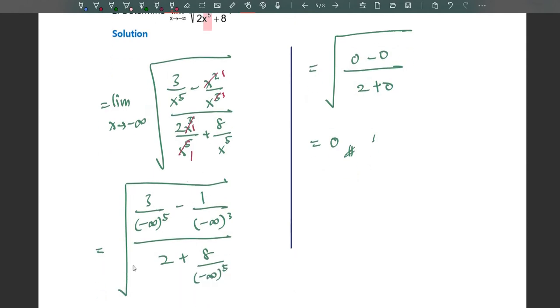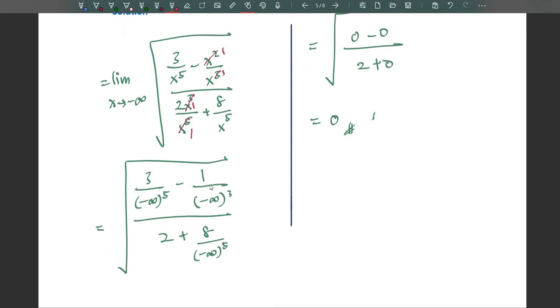So here, root of 3 over negative infinity to the power of 5 minus 1 over negative infinity to the power of 3. Remember to simplify before you substitute the value of x. Remember to simplify, because you will never get the form infinity over infinity again unless you haven't simplified before that.